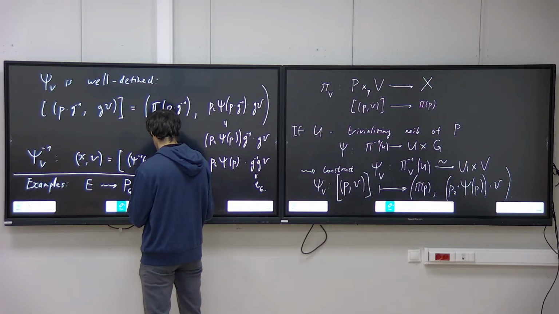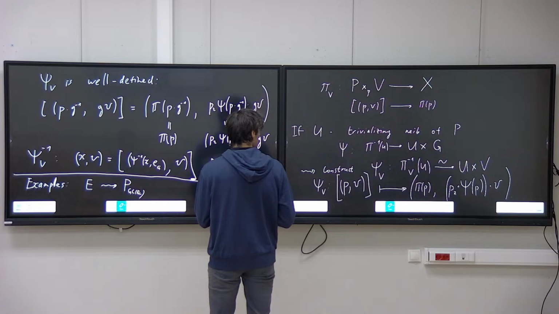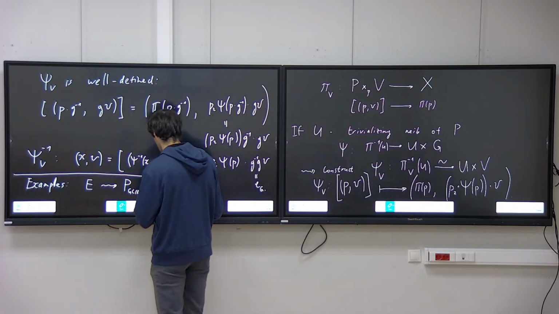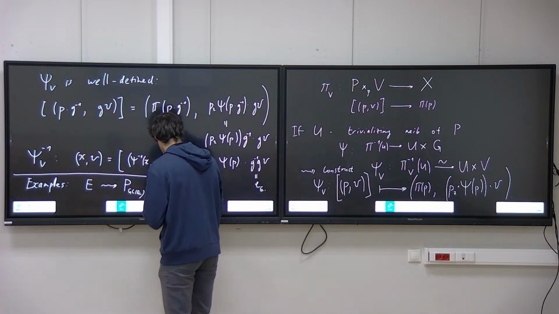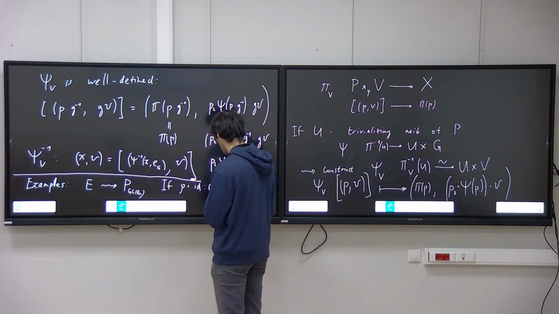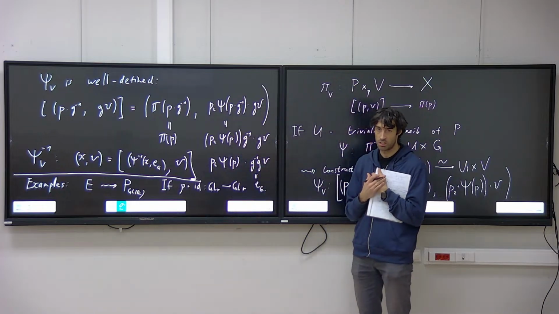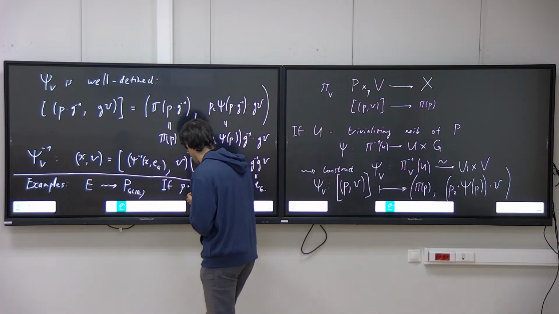So if rho is just the identity, from GL_R to GL_R, the tautological representation of GL_R, then you recover E in your construction.